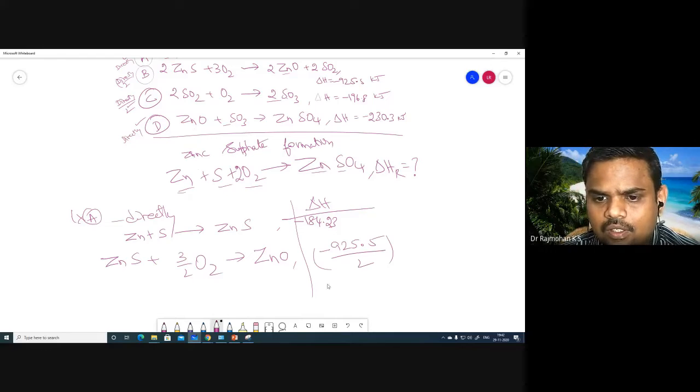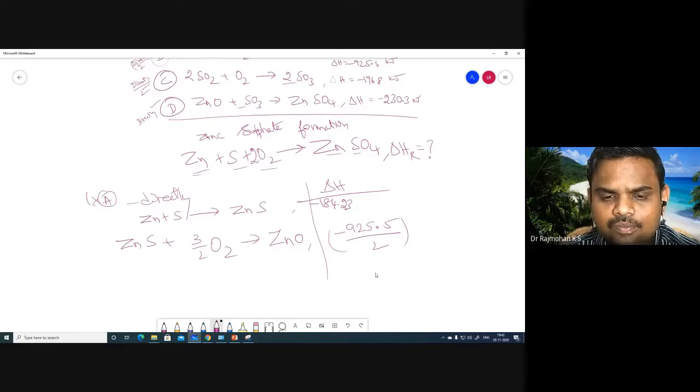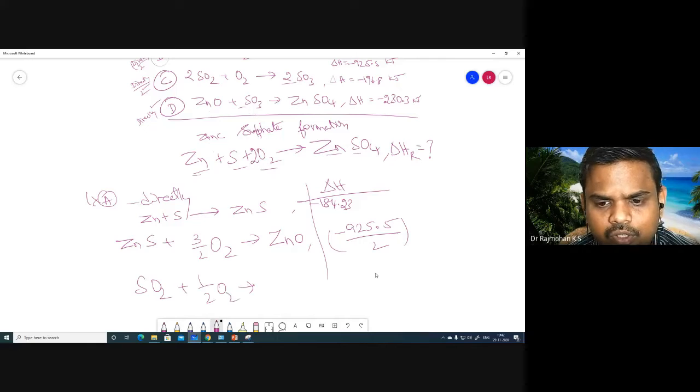And what is the third one? We want zinc oxide. Third one also, SO3 is only one in this equation, so we can divide this by 2. If we divide this by 2, what we get is SO2 plus half O2 giving SO3.